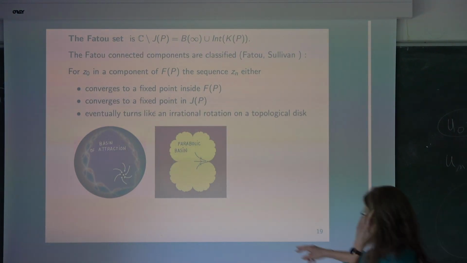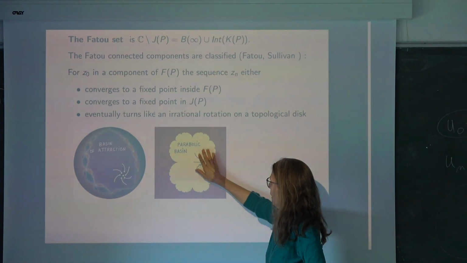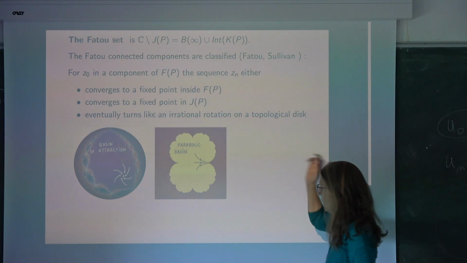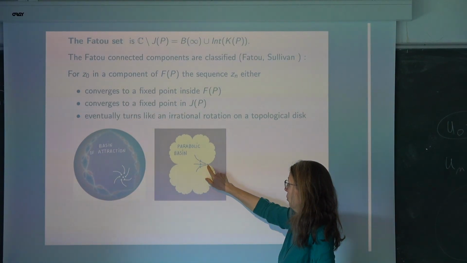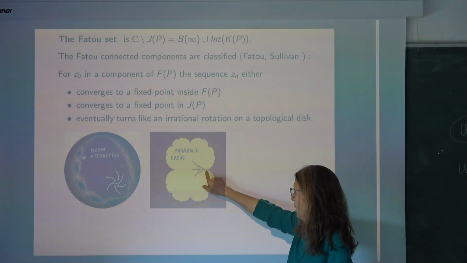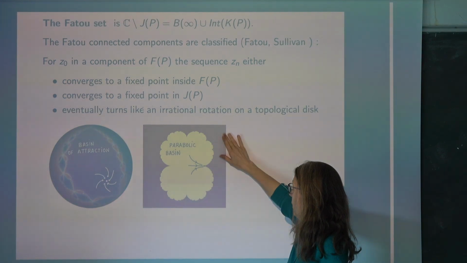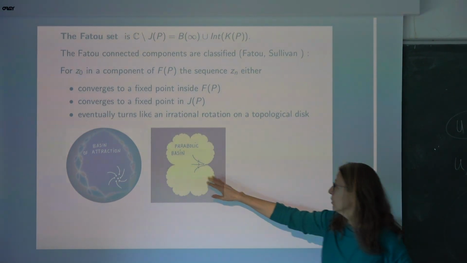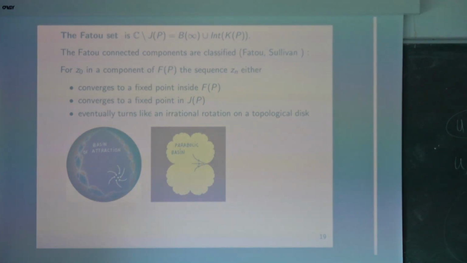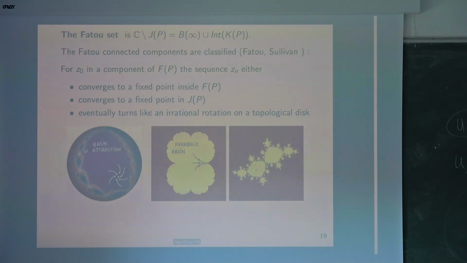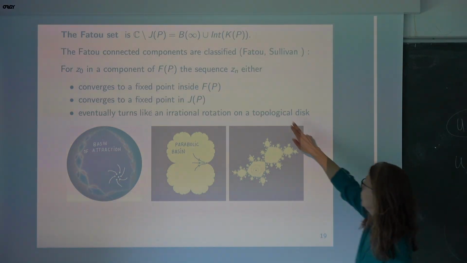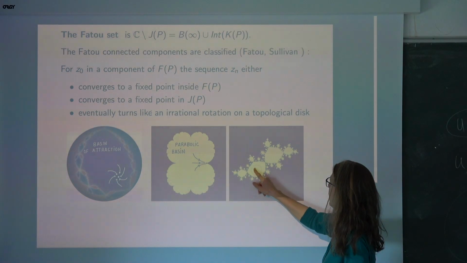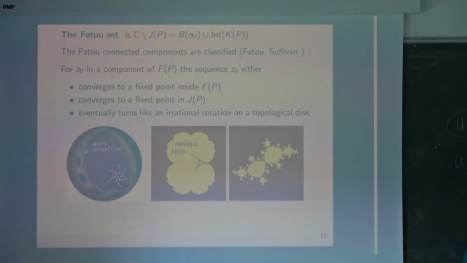This is for z squared plus 1/4. The yellow is the set of points converging to the point here, which is 1/2. And the red is going to infinity. So the Julia set is the boundary of this picture. And here you have this rotation in some domain. It's called the Siegel disk. In the first case, it's attracting.